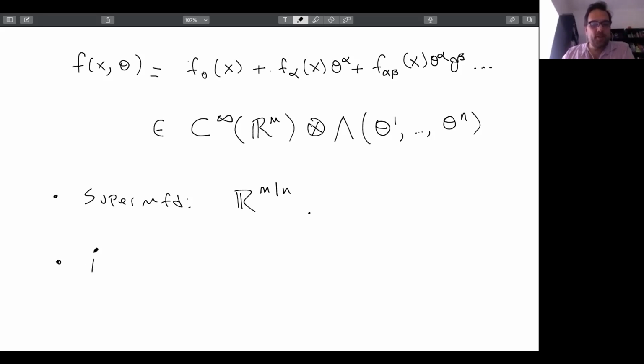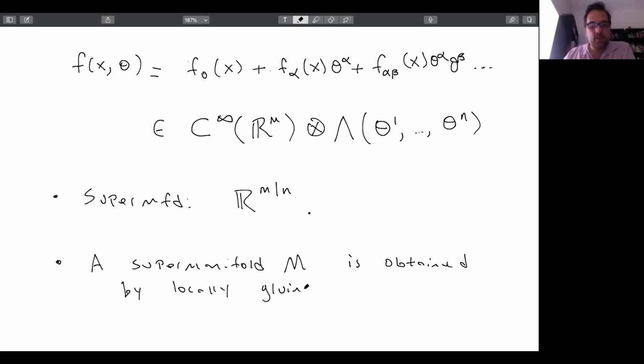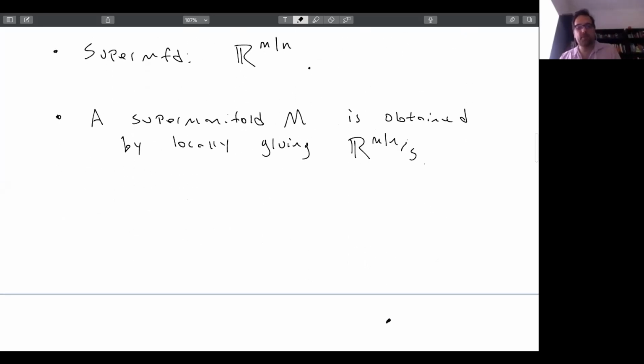And more generally, a supermanifold M is obtained by locally gluing these R^{m|n}'s, if it's of dimension m|n, of course.